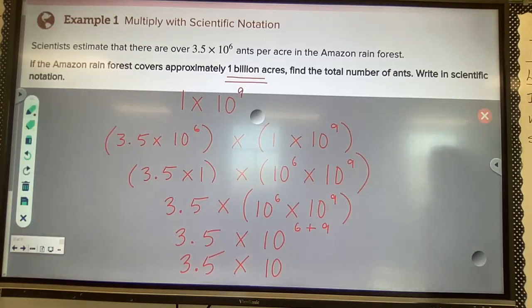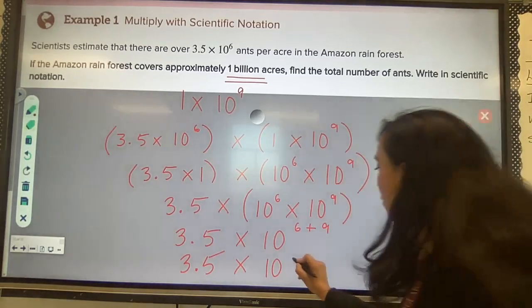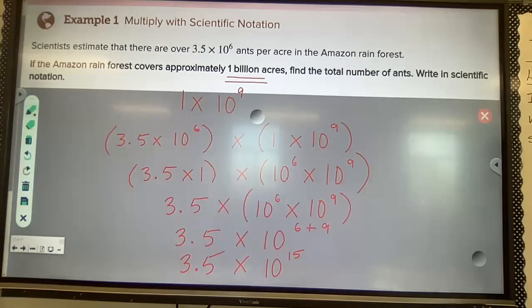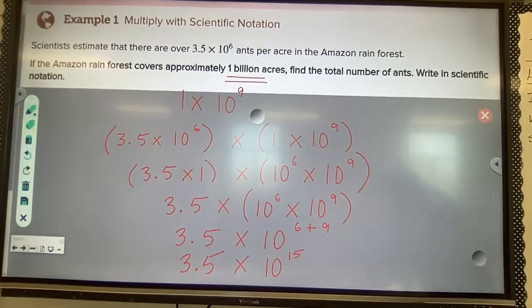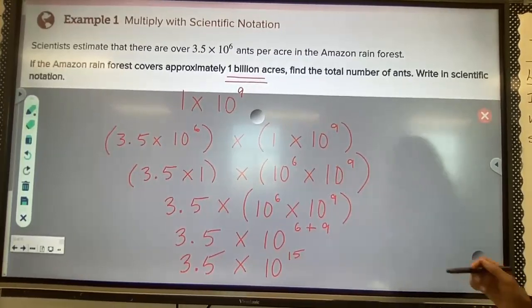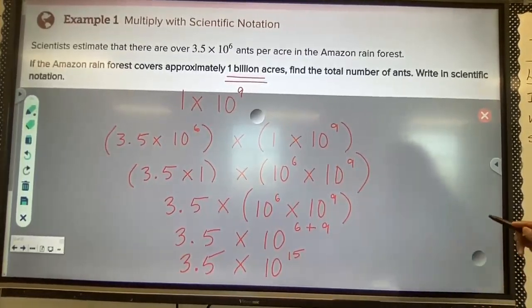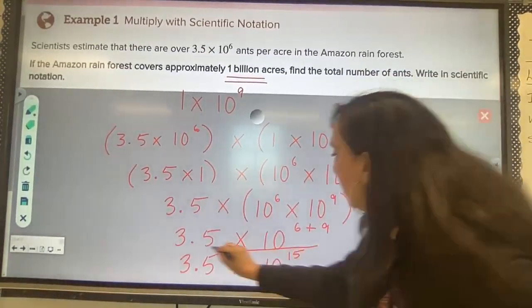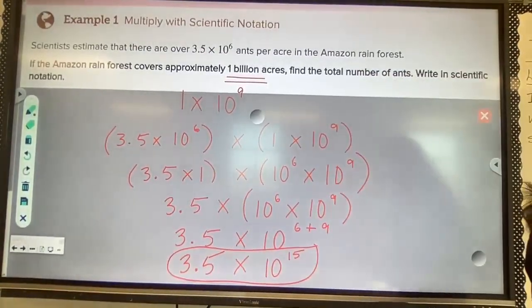We are going to add those exponents. You get 10 to the 15th power. So the total number of ants is approximately 3.5 times 10 to the 15th power, because it said to write the answer in scientific notation. So this is my final answer.